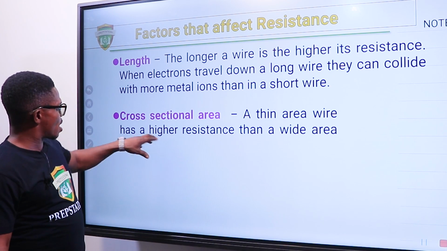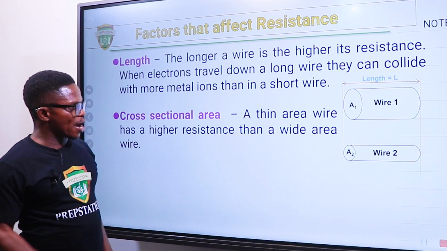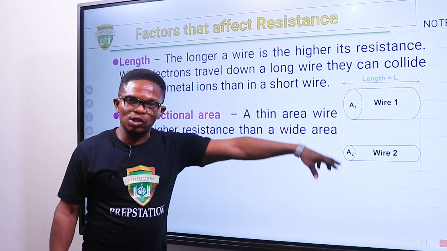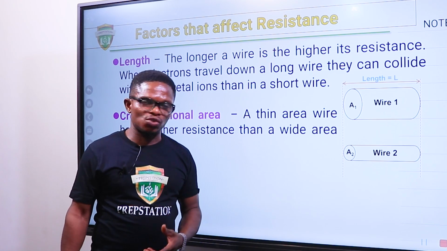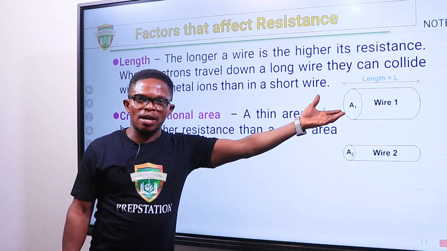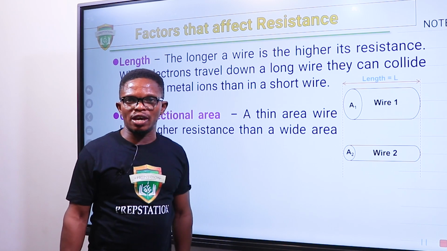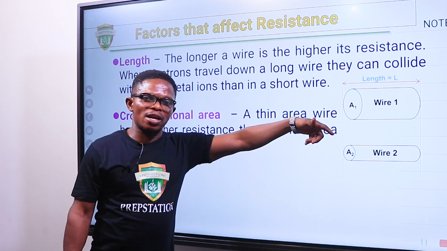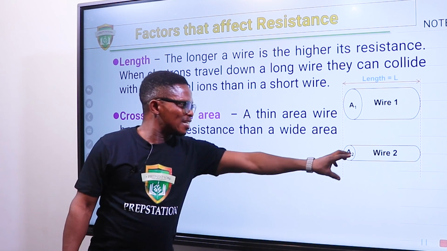A thin wire has a higher resistance than a wide wire. Let me use this diagram to explain that. Just like in your normal water plumbing network at home, a bigger pipe, for example a 4 cm pipe, cannot produce the same amount of water as a 2 cm pipe because of the cross-sectional area. This will produce more current, or more water, than this.